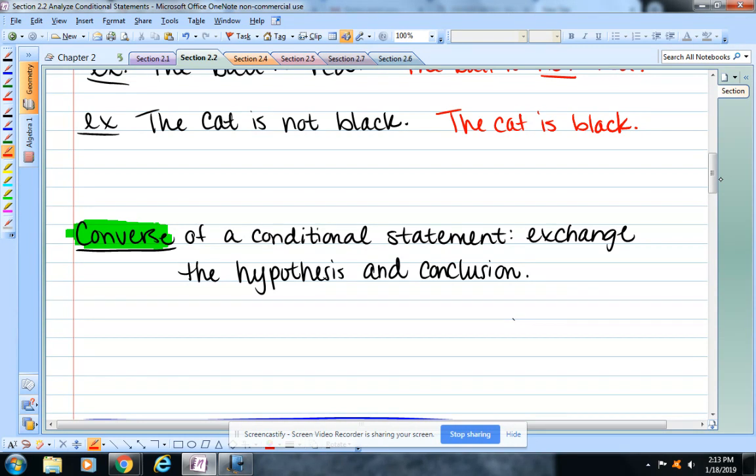If we swap the order of the hypothesis and the conclusion, that is called a converse. It's really easy if the statement is already in if-then form. All you have to do is take the if part and put it where the then is, and take the then part and put it where the if is.